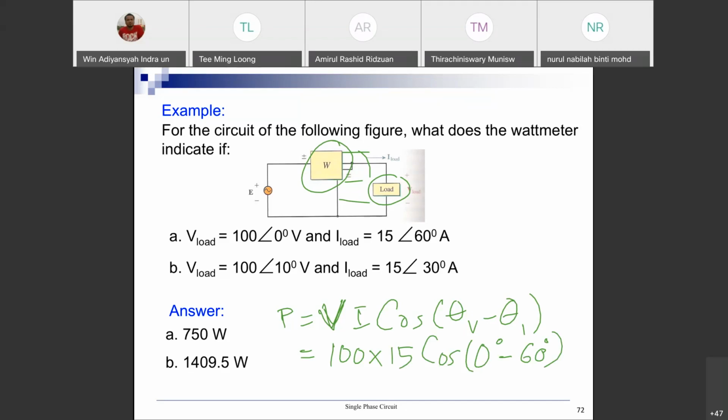Cos minus 60 equal to cos 60 equal to 0.5, half, right? So 100 times 15 times 0.5, this one, 750 watt.